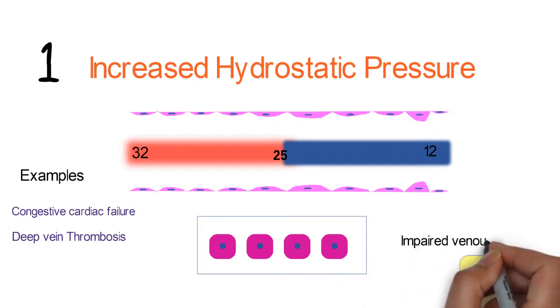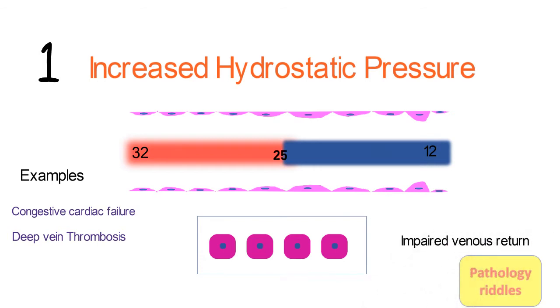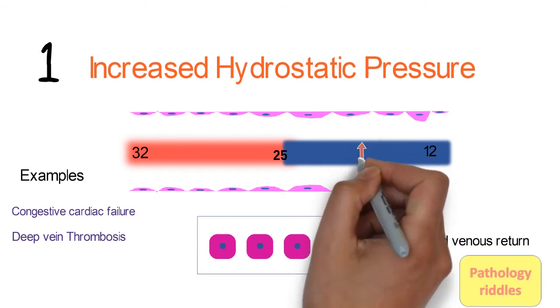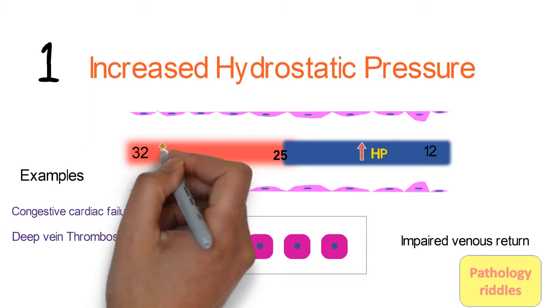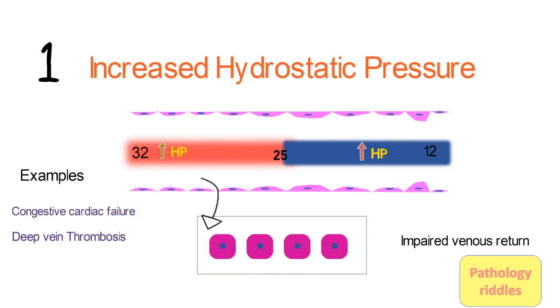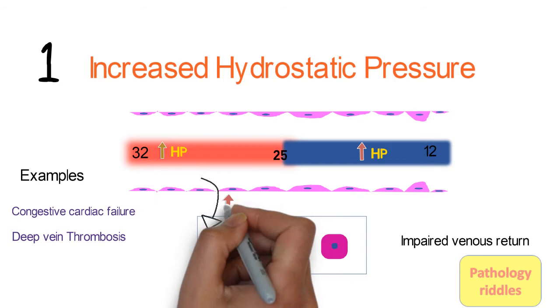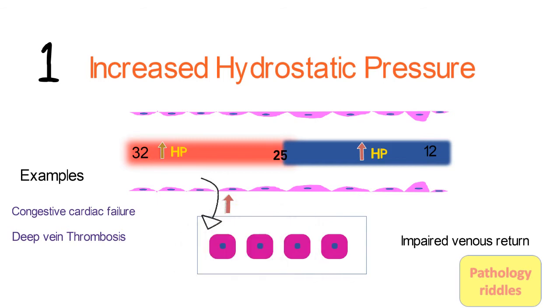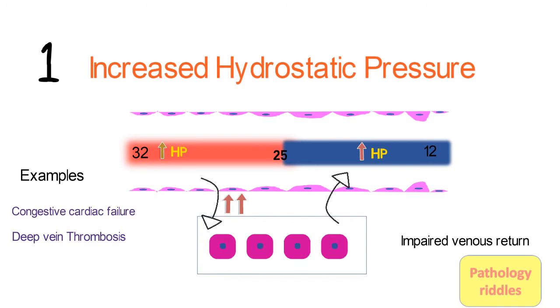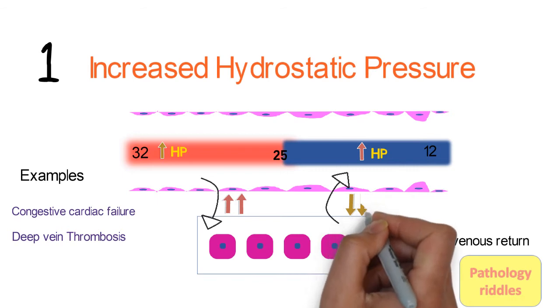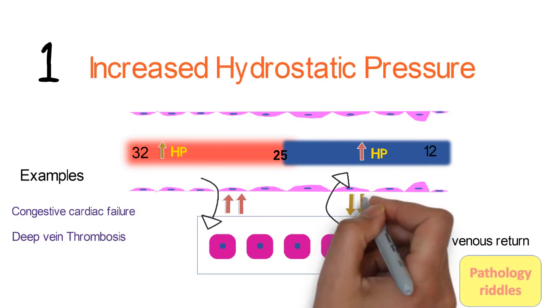So there is a backflow of fluid which causes an increase in the hydrostatic pressure at the venous end and arterial end of the microcirculation. This will create an increased pressure difference which causes excessive fluid to move out from the arterial end and reduced fluid going inward at the venous end, as the venous end hydrostatic pressure is high. This causes edema.